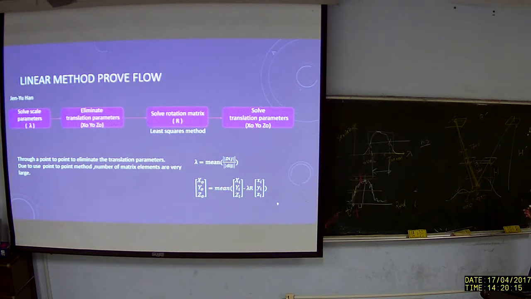Finally we input all points to solve the translation parameters. Because he used the point-to-point method, the number of matrix elements is very large. So I think that they use the average.